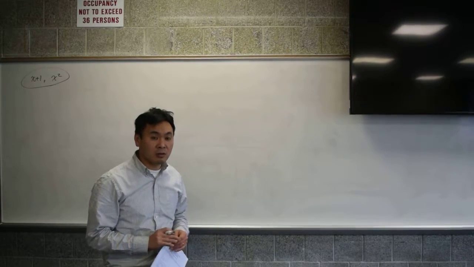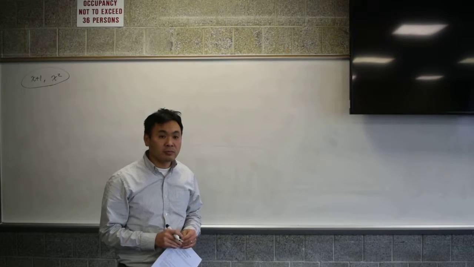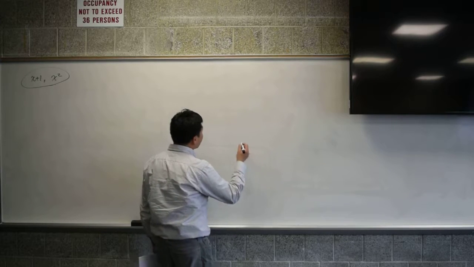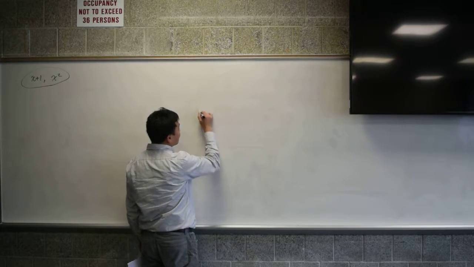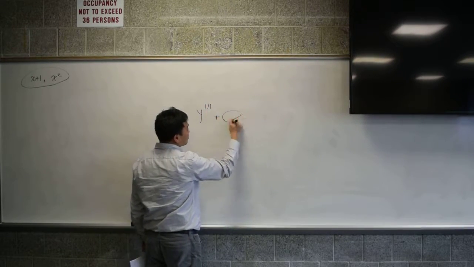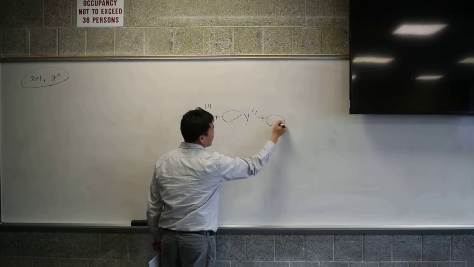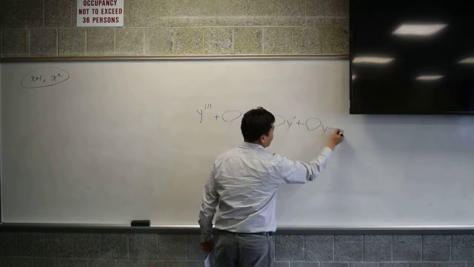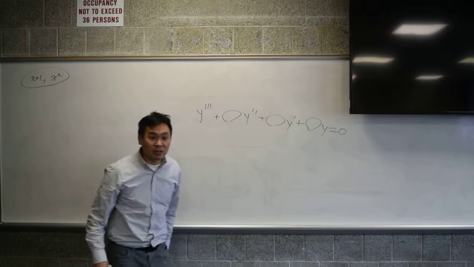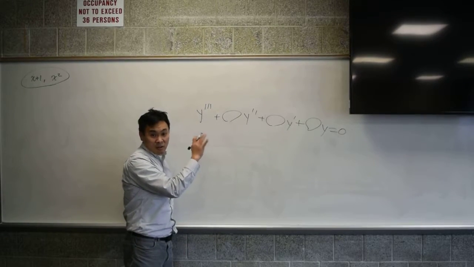K2 and K3 equal to pi. That means there isn't a unique solution, right? So hypothetically, think about the following. Let's say you have some y triple prime plus something y double prime plus something y prime plus something y equals 0, and we're trying to solve this. Homogeneous 3rd order.